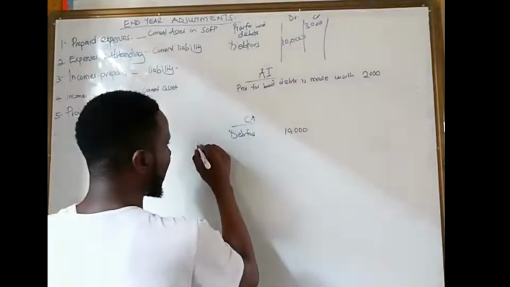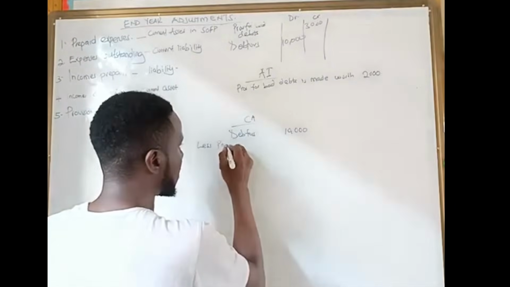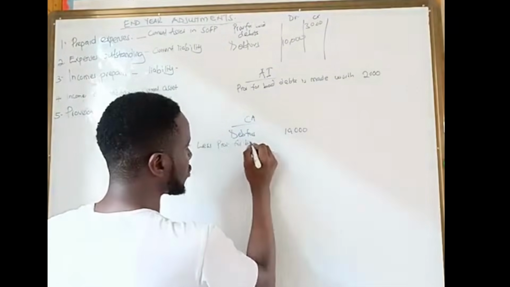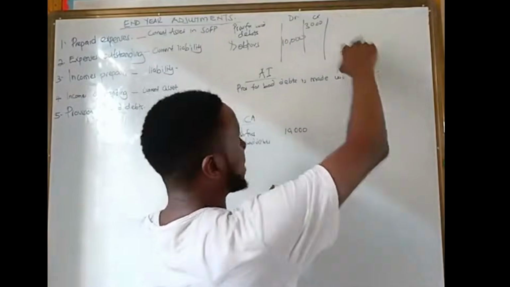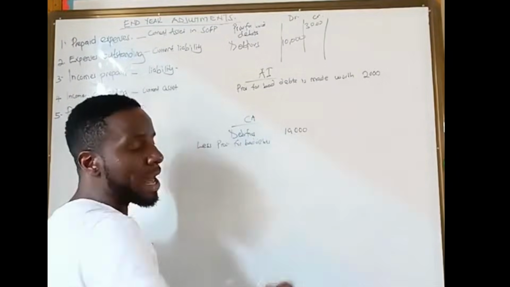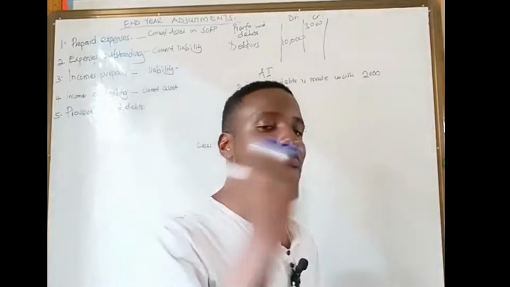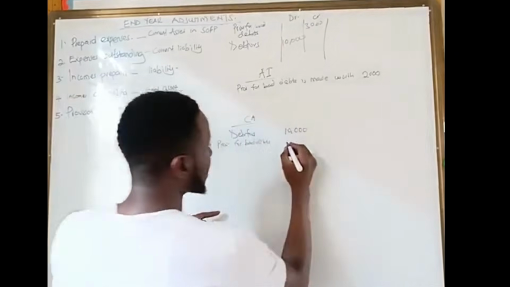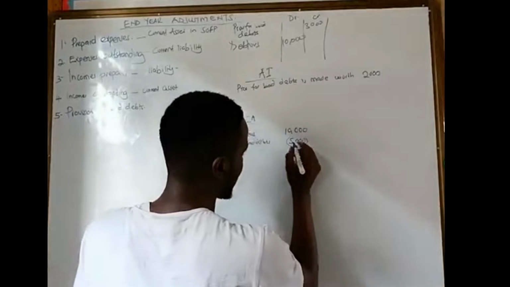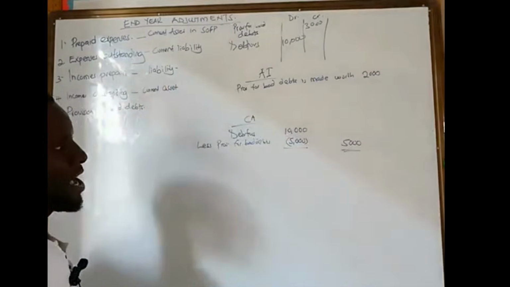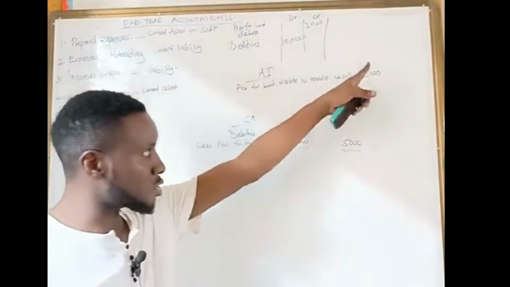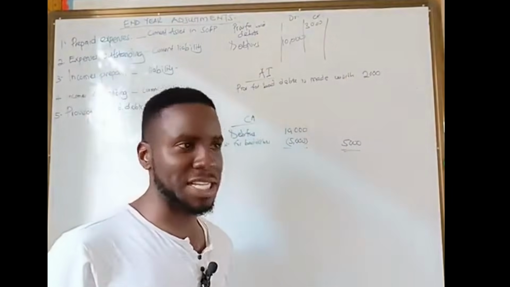Then we come and say less provision for bad debts. These ones will not pay, bad debts. Then we shall have 2,000 plus the 3,000 in the trial balance. We are supposed to deduct it. That means we shall deduct 5,000. And we shall have 5,000 as our debtors remaining. Now, remember, this 2,000 is going in the income statement as an expense.